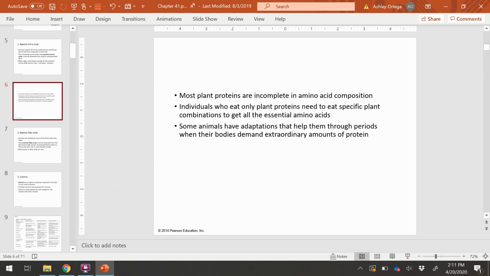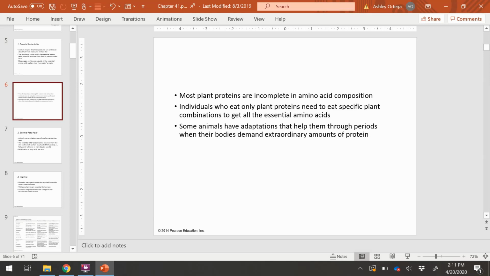But plants are incomplete in their amino acid composition and will usually be lacking 1 or 2 of those essential amino acids. Individuals who only eat plants must get specific combinations to get all the essential amino acids.